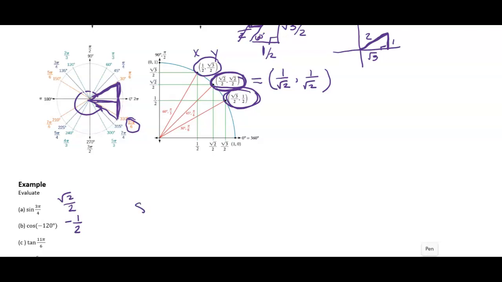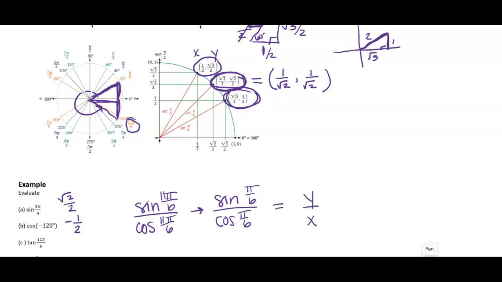So tangent is sine of this angle over cosine of this angle. And we said that that's going to be equivalent to here. And another way to then write that is y over x. But in this quadrant, down here in quadrant 4, my y is negative. So let's make sure that we have that.